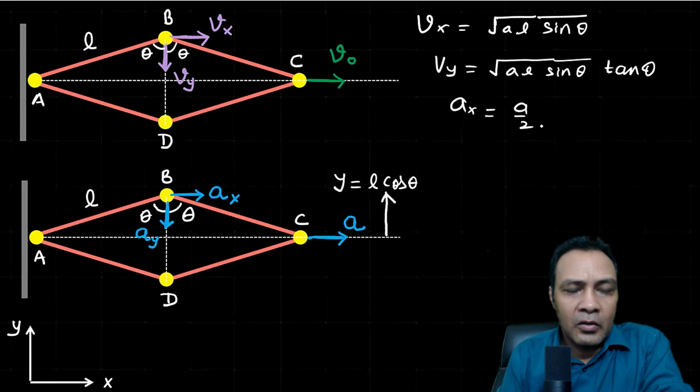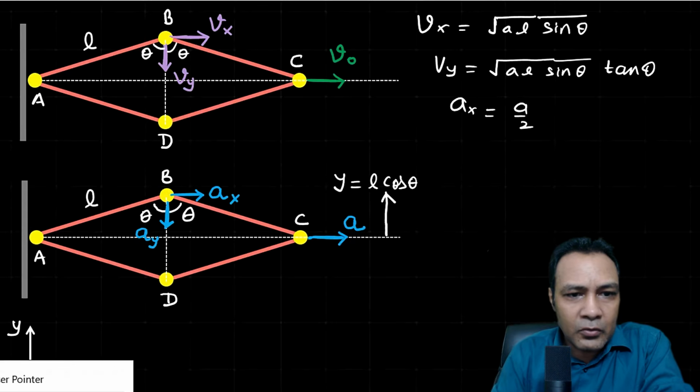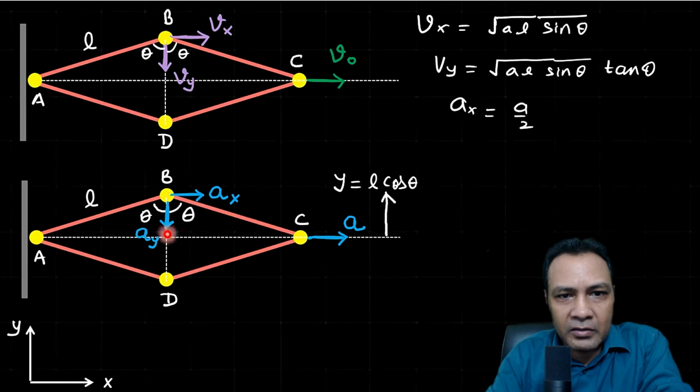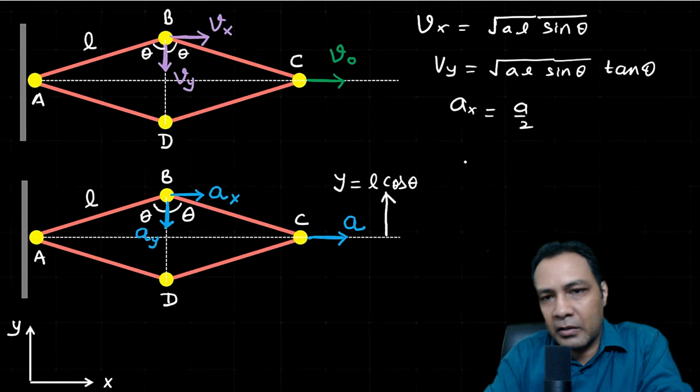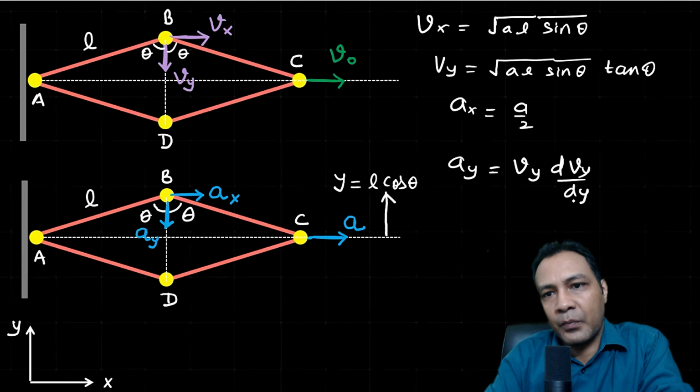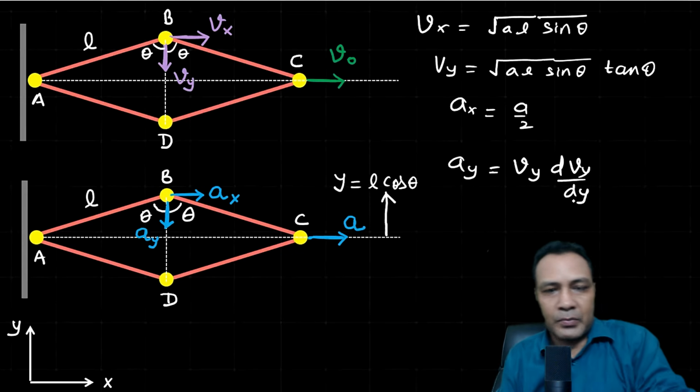That is fine. For the Ay, suppose the y coordinate of B is y, which is L cos theta. I have decided that the magnitude of this acceleration of B is Ay and its direction is the downward direction. So for Ay, I can write Ay is equal to Vy dVy by dy, and that I will do on the next page. Magnitude I will take care of, and the direction I know is going to be downward.